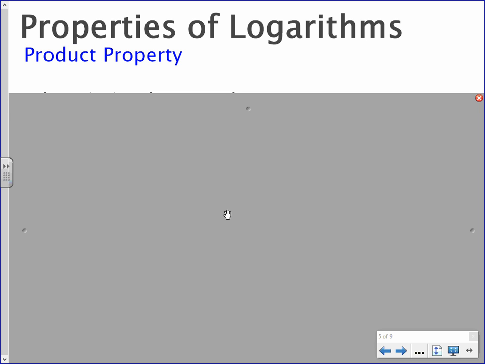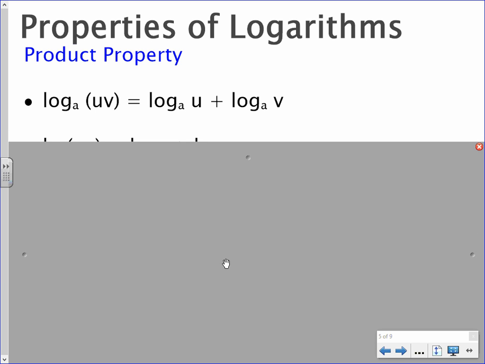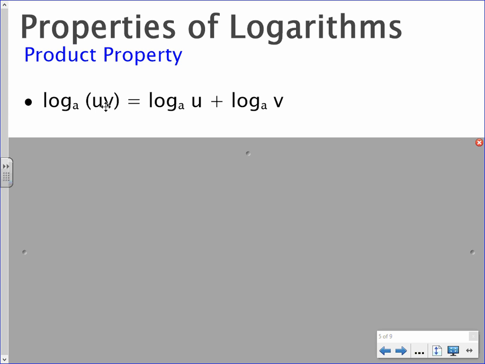If there is multiplication inside of our logarithm, aka the product property, we can split up our logarithm by using addition.